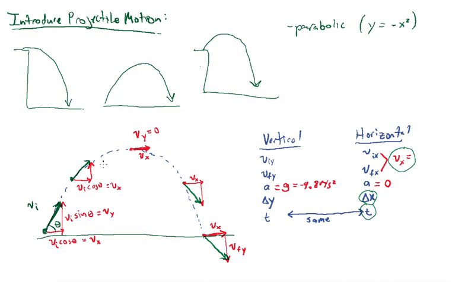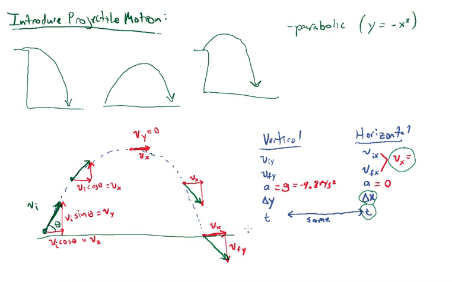Okay, so again, to sum up the main things, it's a parabolic type motion. It's approximately parabolic. I'll talk later about how it isn't exactly parabolic, but it's so close to parabolic we really can't tell the difference. And then you have this separation of the vertical and horizontal components, and as you go through, the vertical velocity changes just like a regular old vertical problem would do, and then horizontally nothing changes.